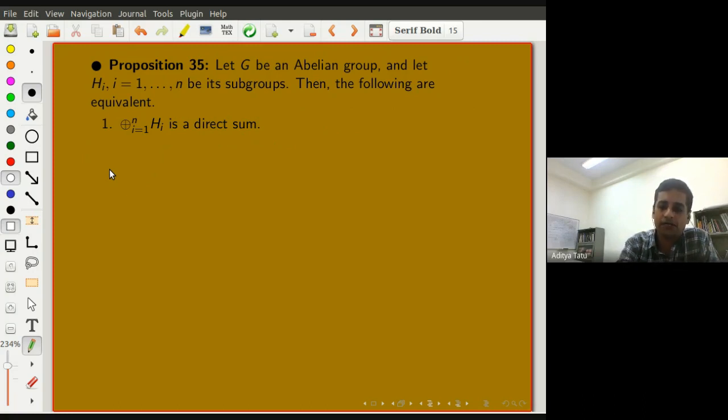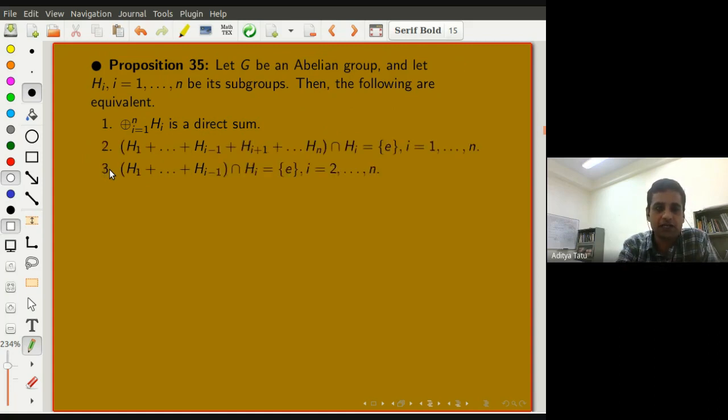Then the following four statements are equivalent. The first is that the sum of H1 to Hn is a direct sum. The second: take all subgroups except one subgroup Hi; then the direct sum of the remaining subgroups intersection Hi must be the identity.